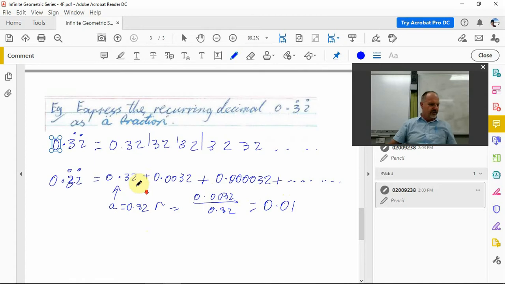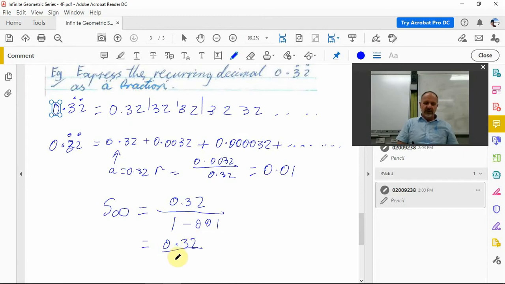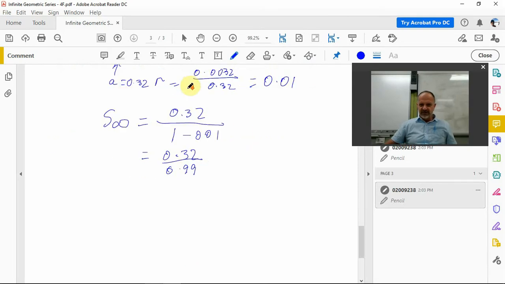So we can say the sum to infinity of all of those is A, which is 0.32, over 1 minus R, which is 1 minus 0.01, which is 0.32 over 0.99. Now we're asked to express it as a fraction, not as a decimal.